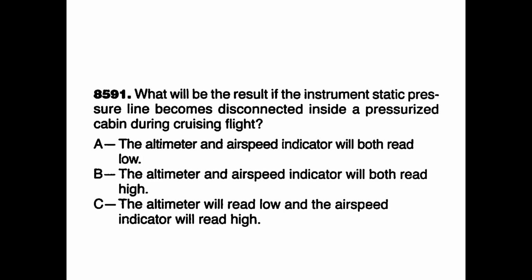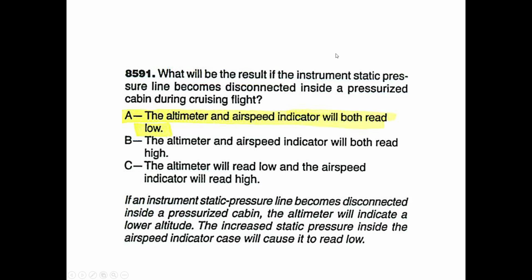So I would say it's also going to read low. Long-winded way to get to the correct answer, A. So both the altimeter and the airspeed indicator will read low. Now the altimeter is a little easier to come up with. The airspeed indicator, you have to basically visualize the differential, which would be smaller between the pitot and what the static tube is now reading.